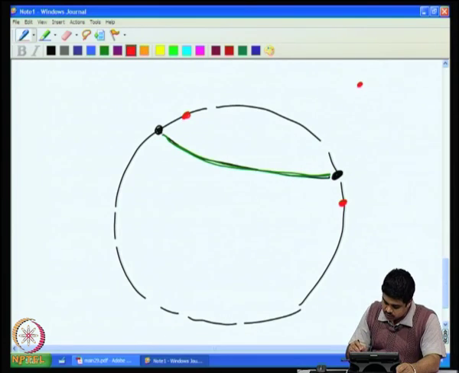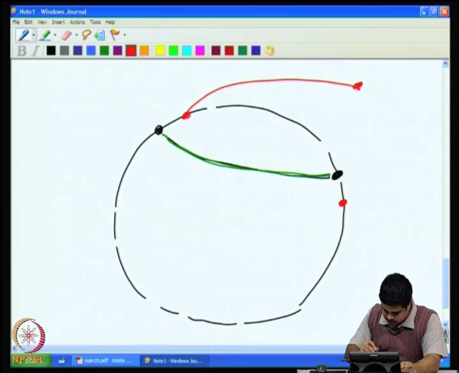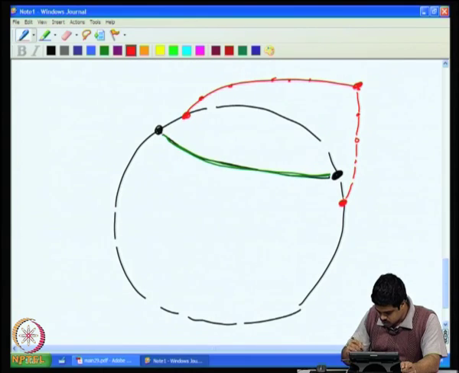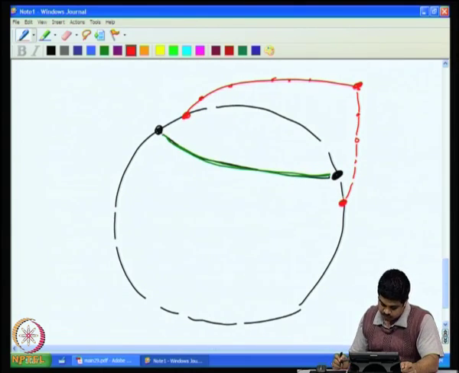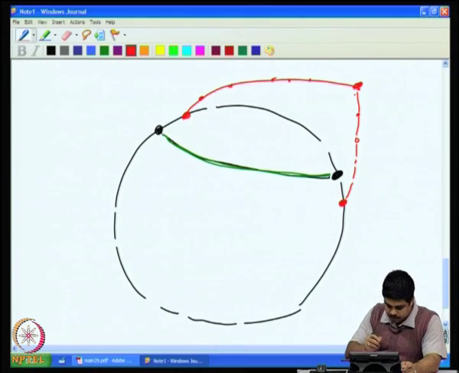Now, consider this outside vertex. We will show how to get a bigger cycle including that. Here we have this connection, and there is a path here. Now, how will I get a bigger cycle? I am just using this violet color to track the path.